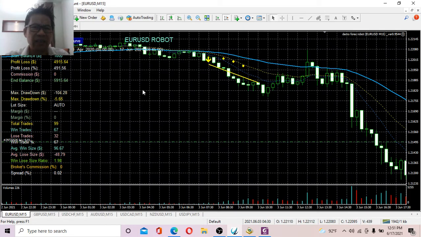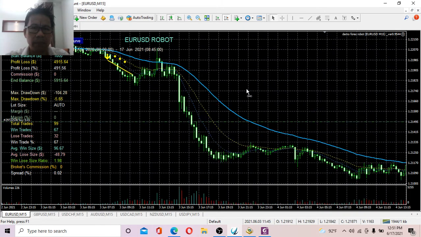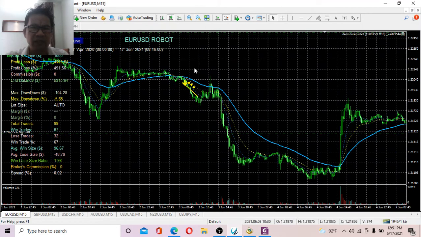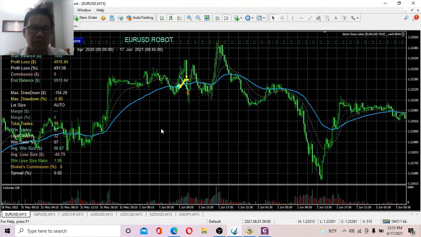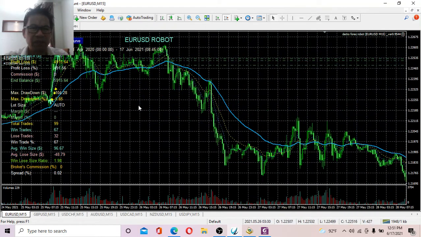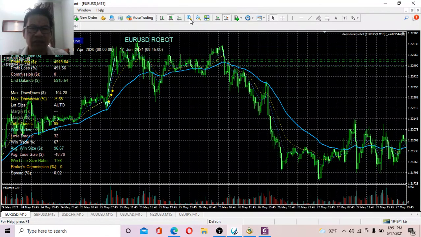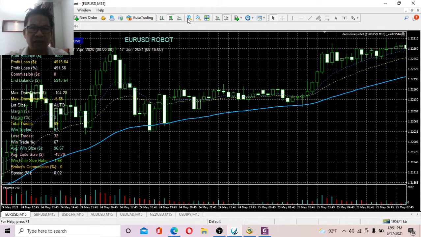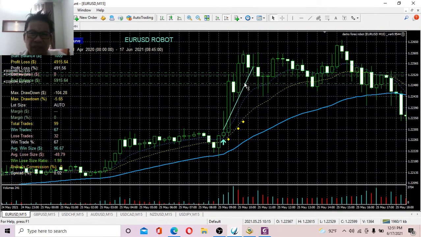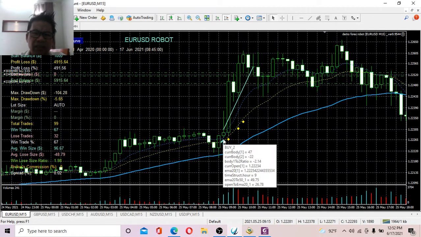Okay, let's take a look at a buy trade. I'm zooming in. Let's pick this one. The arrow is where the signal occurs, and when I hover over the arrow, I see all the parameters that I need to check.